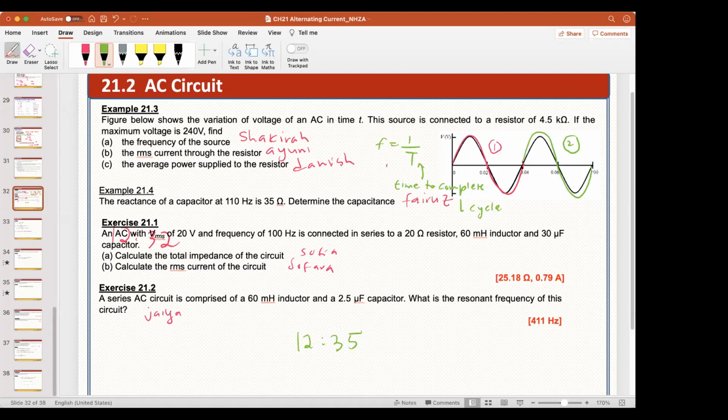Jadi frekuensi dia 1 bahagi 0.04. Saya ingatkan guna equation yang baru belajar. Ada juga equation yang kita baru belajar tapi untuk soalan lain. Okay, ni F je. Okay, faham.